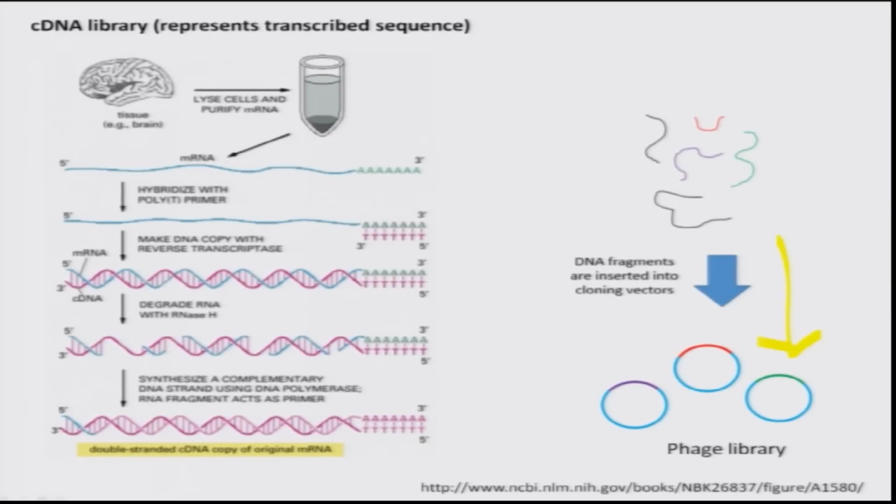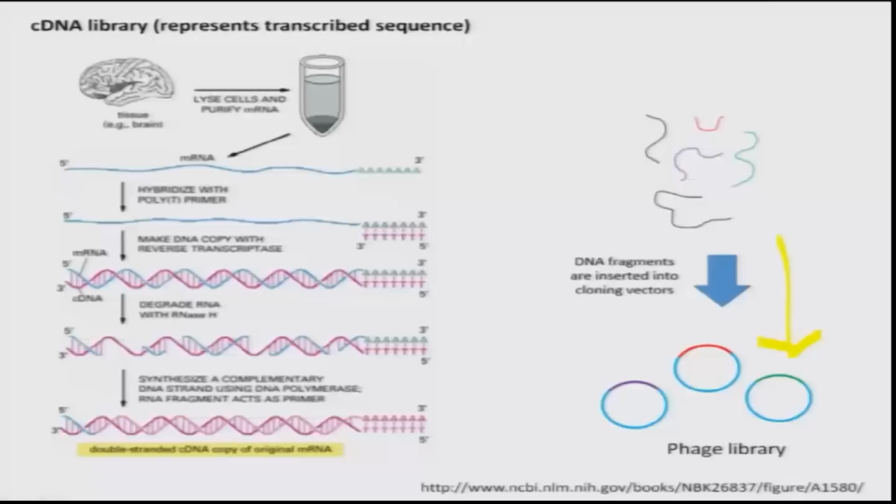That is how we make cDNA libraries. So, you have a genomic library that represents different segments of the genome. Likewise, you have cDNA libraries that represent different transcripts expressed in a given tissue. You can make one library for brain, one for liver, one for kidney, and so forth. That would tell you which genes are expressed.